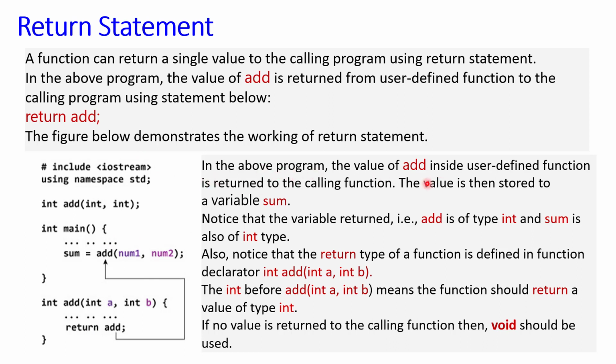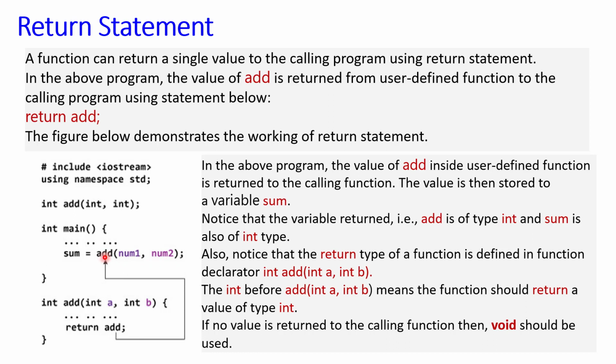In the above program, the value add inside the user-defined function is returned to the calling function. The value is then stored in the variable sum. It's a basic simple program: #include <iostream>, using namespace std, defining the variables int number1, number2. In int main, sum is equal to add(number1, number2). So add is a user function.